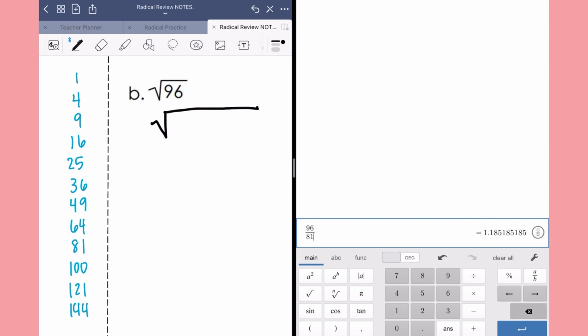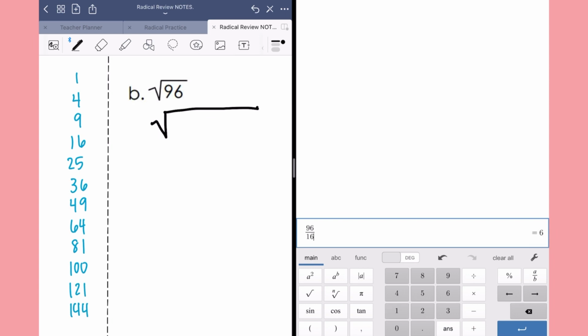Does it work? No. Okay. 64. Nope. 49. Nope. 36 is the next one. That one also doesn't work. 25. We all know that if the number ends with a 5 and your other number doesn't have a 5, it's probably not going to work.